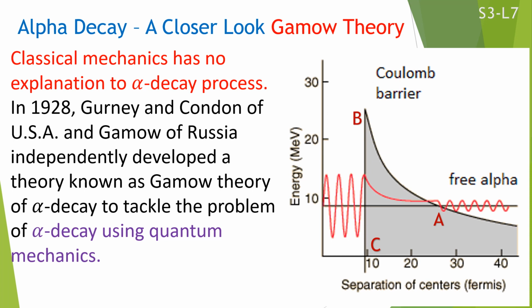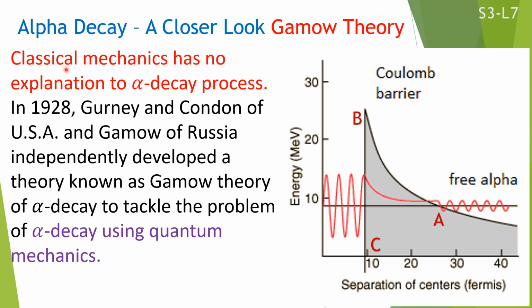The rising portion from A to B, which is appearing on the screen, indicates the increasing electrostatic repulsion of the alpha particle as it approaches the nucleus.